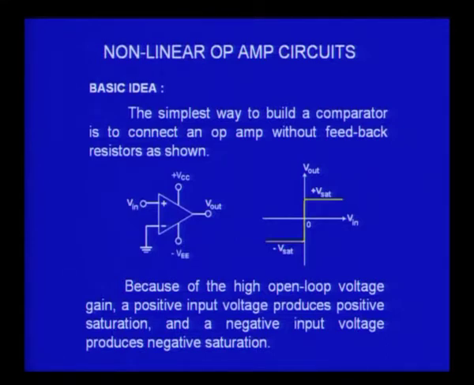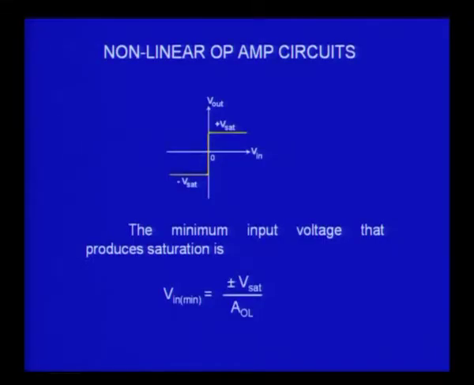Right. So the positive voltage produces positive saturation, negative voltage produces negative saturation. Now what is the minimum voltage above which, when it goes above 0, the output will change to plus VCC? If you ask this question, it is very simple to answer.